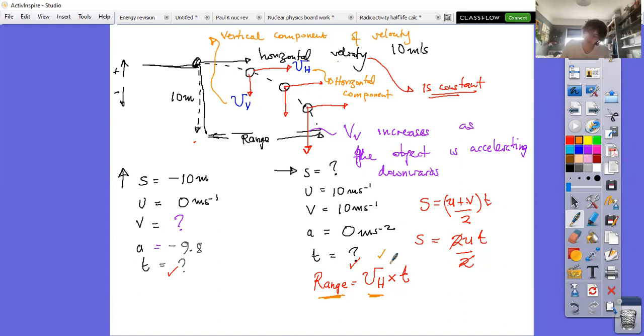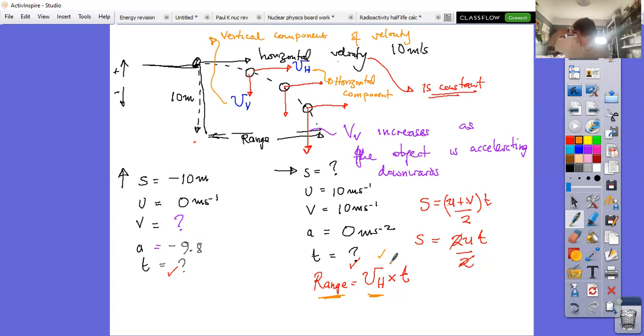I guess you could use, once you have, you don't need S, so you would use final velocity minus initial velocity over the acceleration.